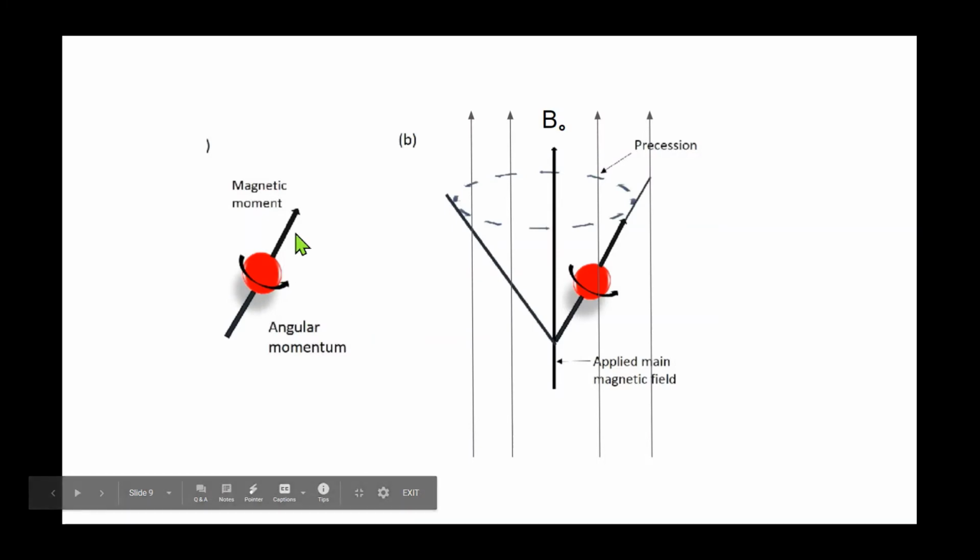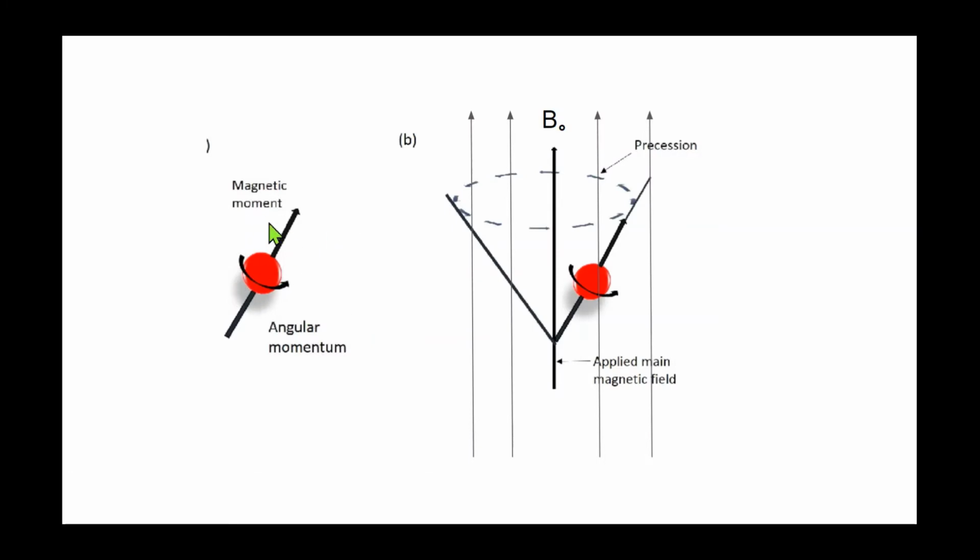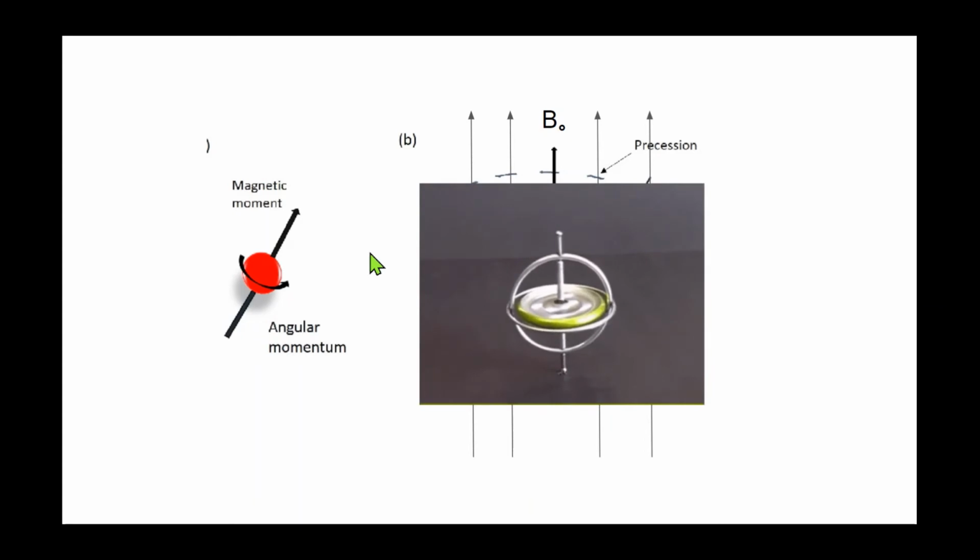The magnetic moment of the proton similarly interacts with magnetic fields, and if it's in a uniform magnetic field, it's going to not only have its own inherent momentum, but it will also precess around a different axis that is parallel to the magnetic field, similar to a top or a dreidel in a gravitational field.